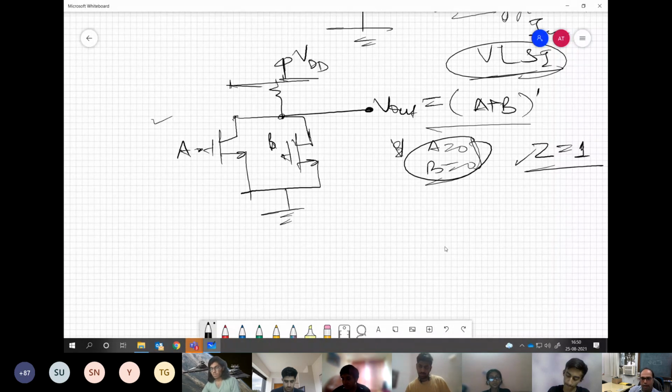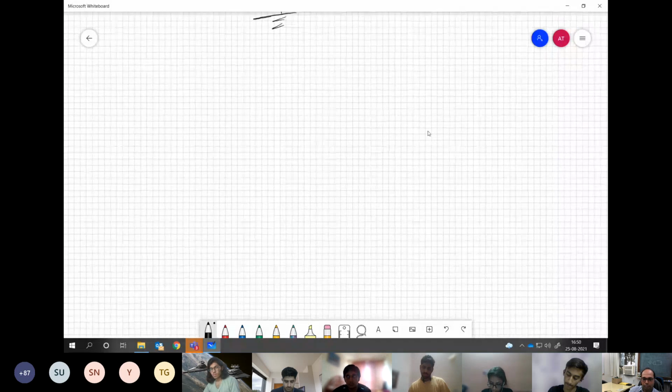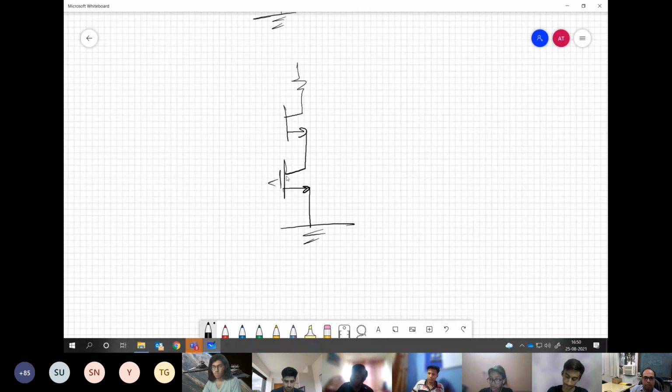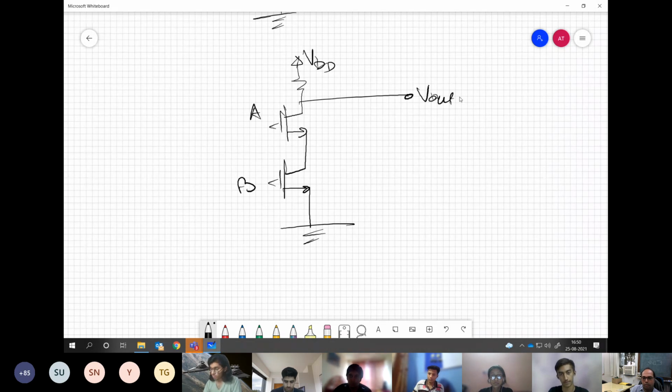Now, if you have to make a NAND gate, for NOR you had connected them in parallel. Now you can connect them in series. Now what is this? Even if any one is off, this is going to give 1.